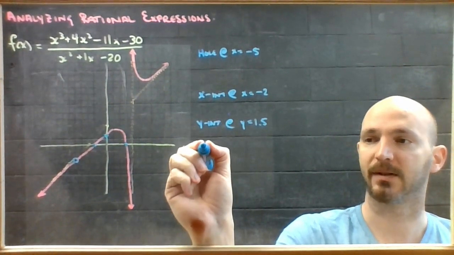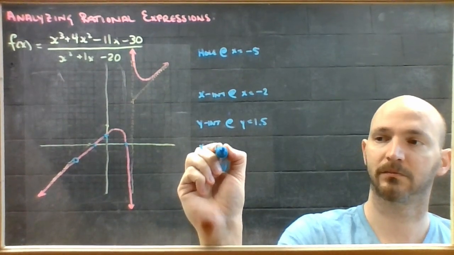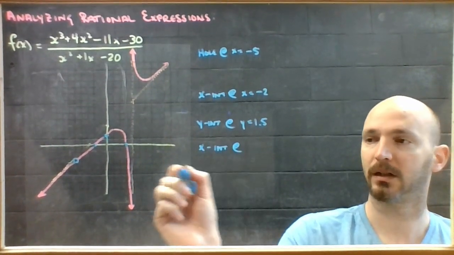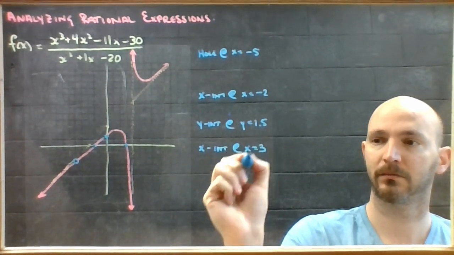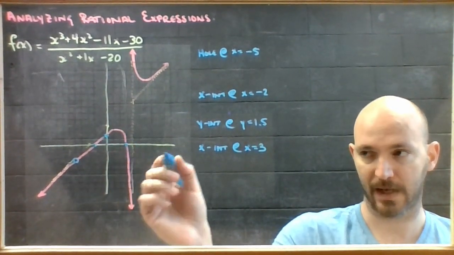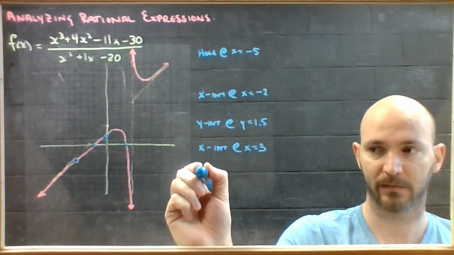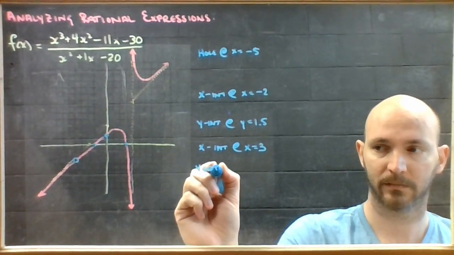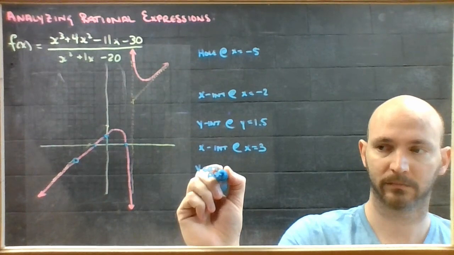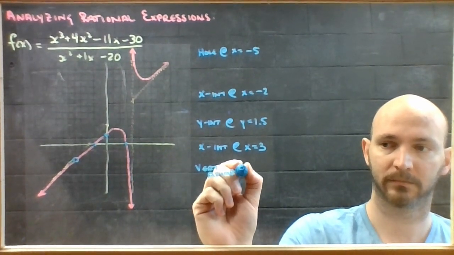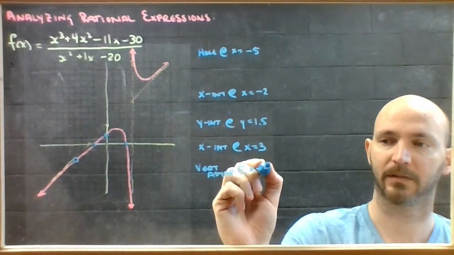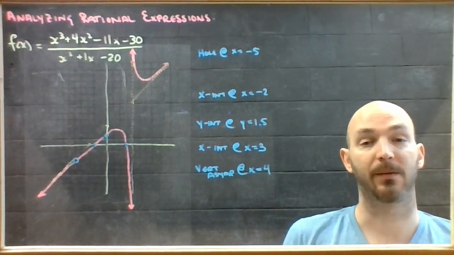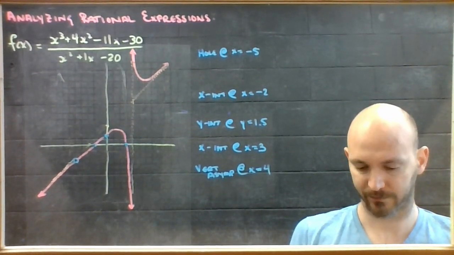And then an x-intercept at 3. And then we have a vertical asymptote at 4. At, right, x equals 4. All right, and then we have no other features after that.